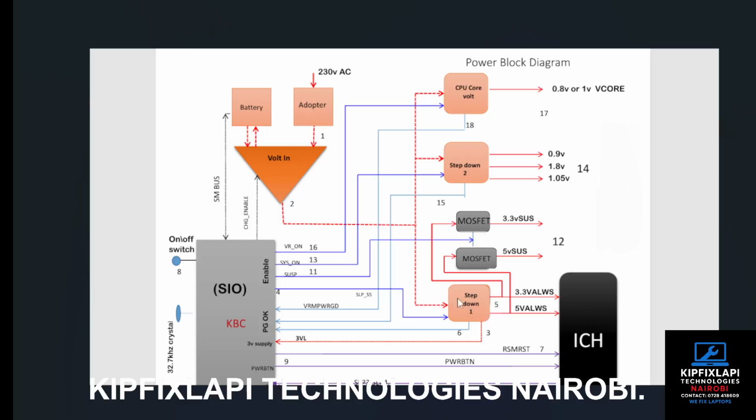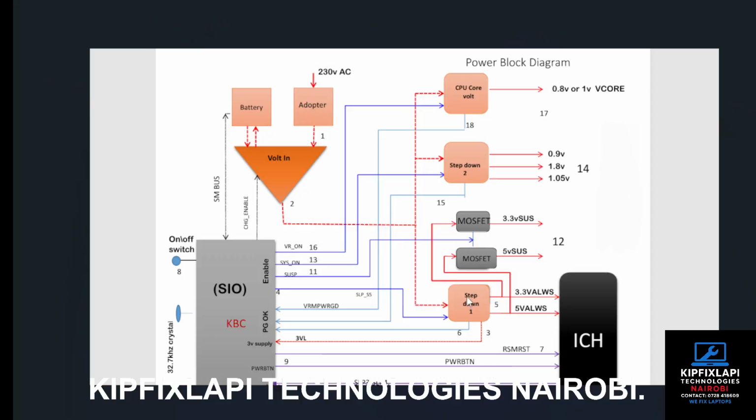Within this step down circuit, we will have an inductor which regulates the voltage. And also we have the PD controller, that is the power delivery controller, which is responsible for stepping down the voltages depending on how much is needed beyond that circuit.